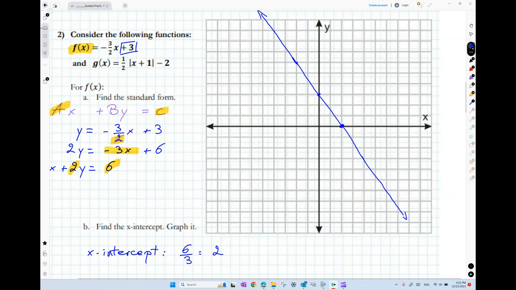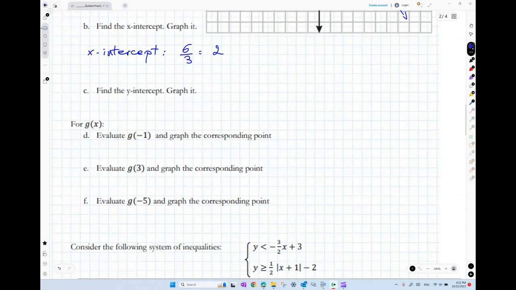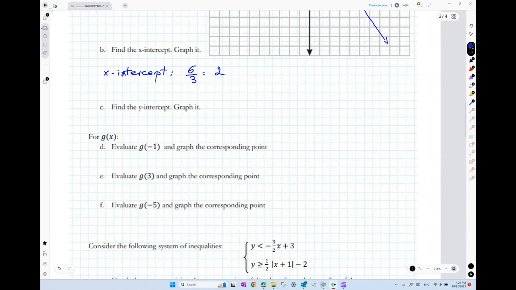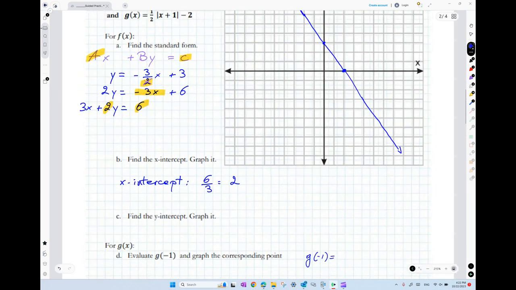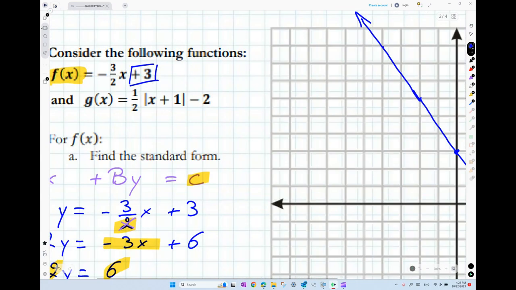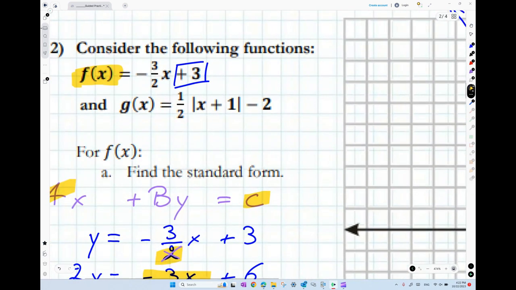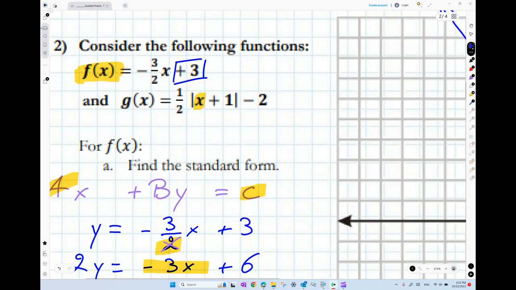All right. So next, evaluate g of negative 1. So the first thing you have to do is write g of negative 1 equals. It's just about plugging in that value, negative 1, for x in the formula.